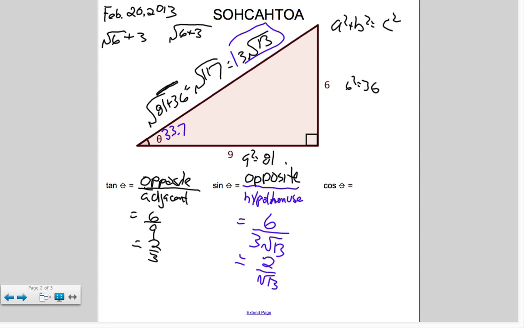So cos of theta is just the last ratio. Here, instead of opposite, we'll look at the adjacent side over the hypotenuse.